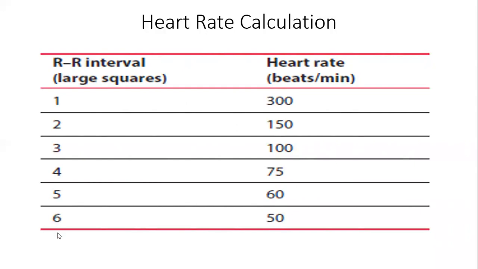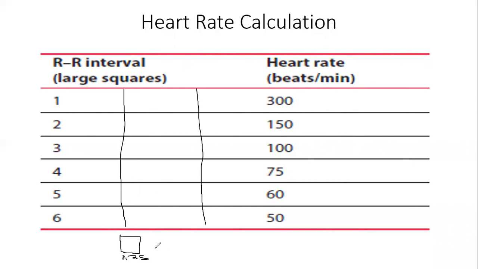Because what if we have 7 blocks or 8 blocks? How do you know what's next in line? What's the next number? Basically, it's all about using what we know. And what do we know? We know that this square right here is 0.2 seconds.